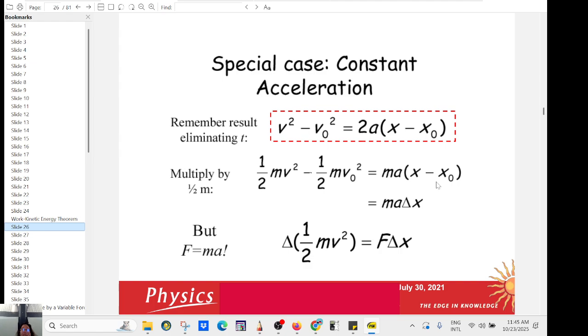You get this, and then you get that, and ma is the force, and then you have delta x. So it comes from here. That is the work-energy theorem. The change in kinetic energy is the work done by the net force. Remember, in this equation, it was a constant acceleration because there was a constant net force. So it comes from there.